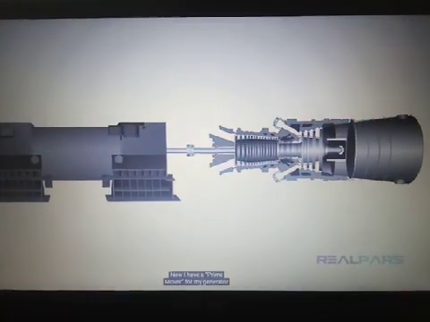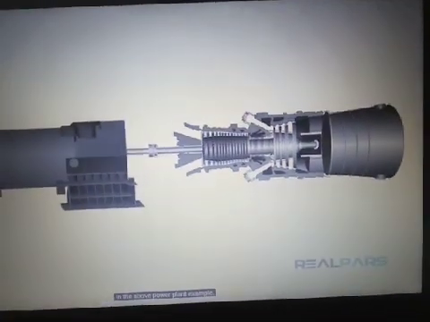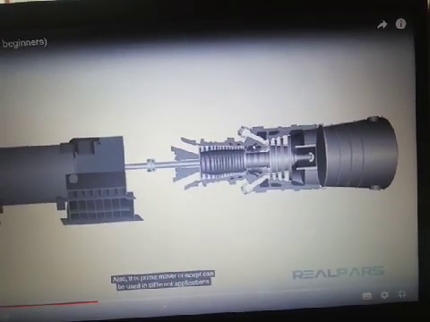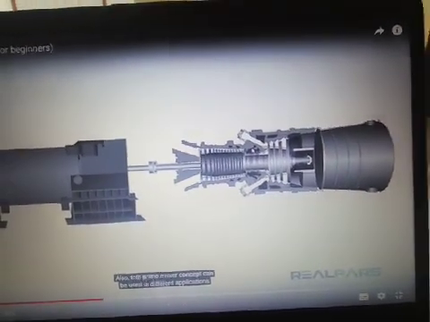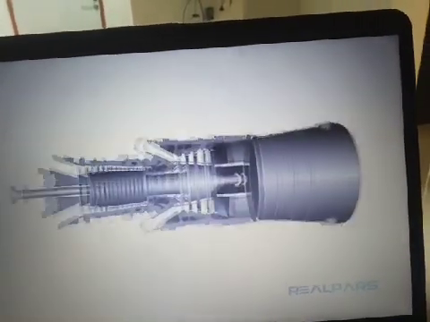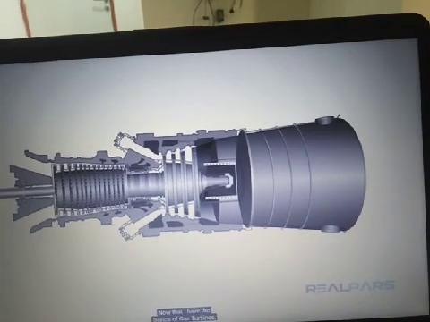As previously shown, we have a gas turbine like this, in which the chemical energy is passed through the high pressure.